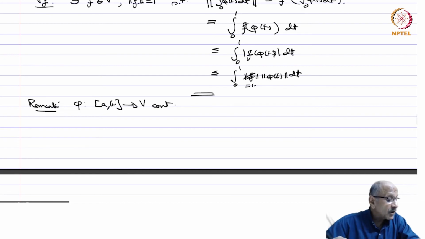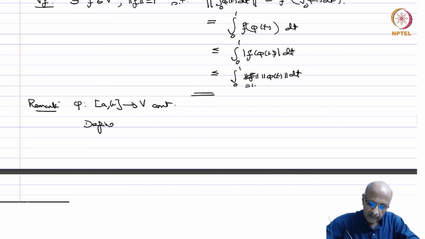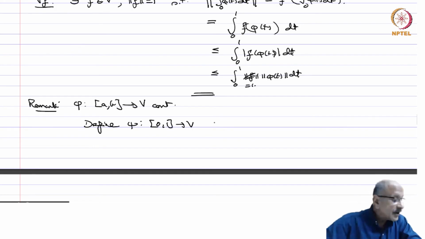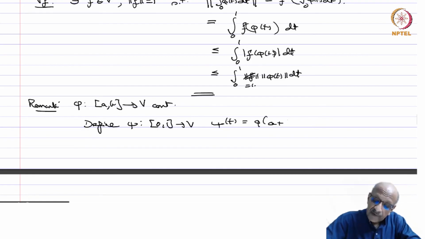In the same way, you can define psi from 0,1 to V, where psi of t equals phi of a plus t times (b minus a).